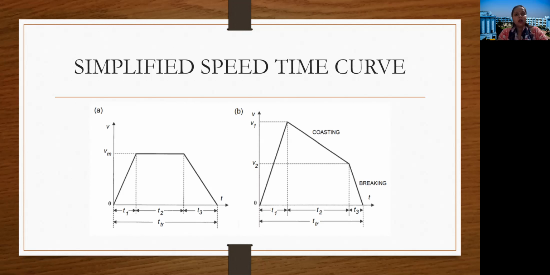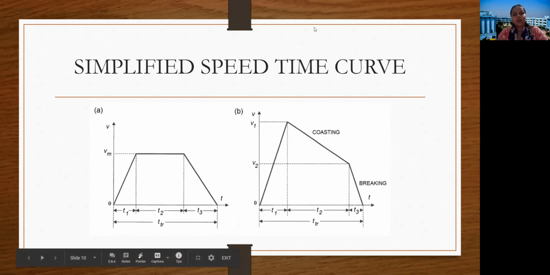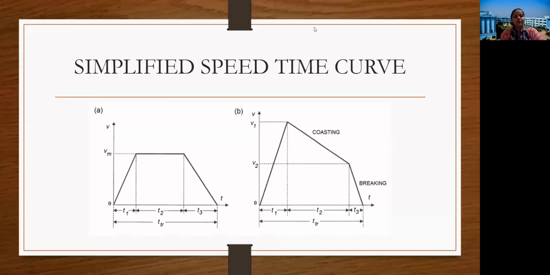Now here in figure A, you can see that this is a trapezoidal speed time curve. So again I'm repeating, this figure A is known as the trapezoidal speed time curve, and this figure B is known as the quadrilateral speed time curve. Both these types of simplified speed time curve have been designed according to the distance a locomotive is traveling.